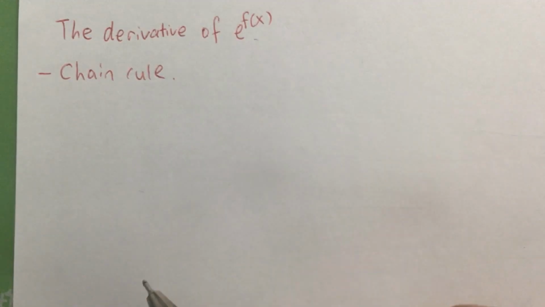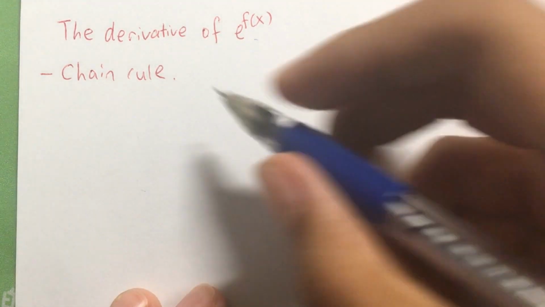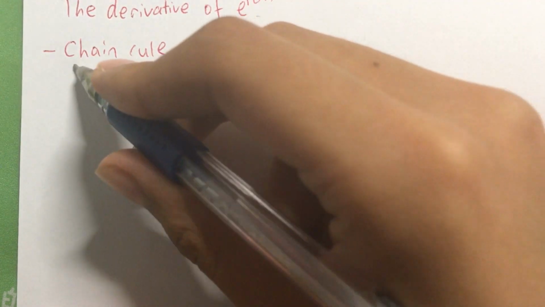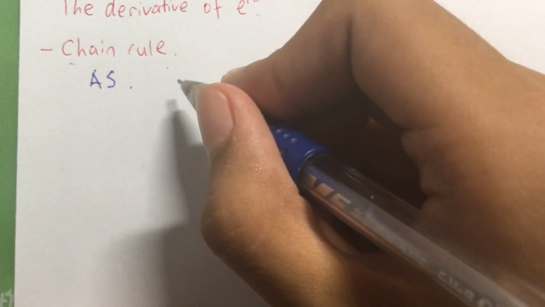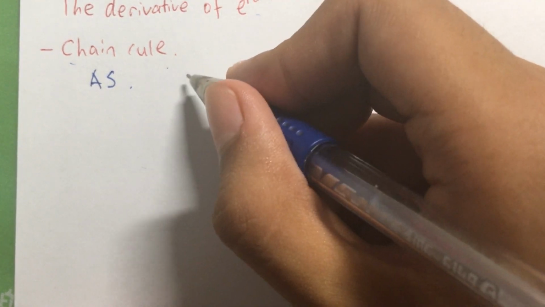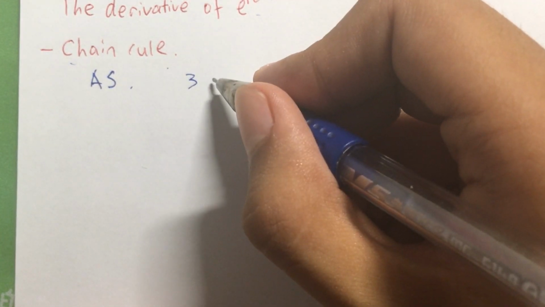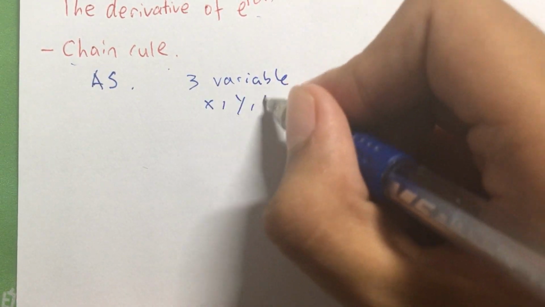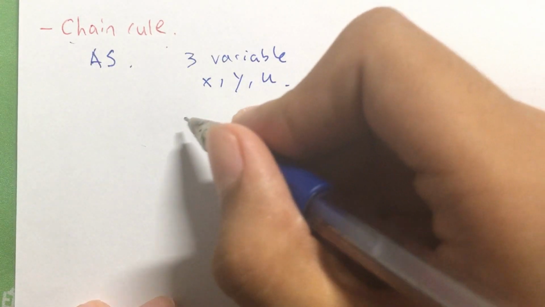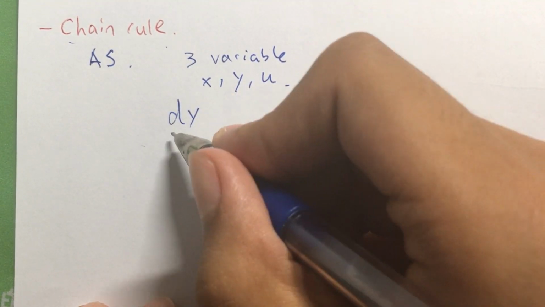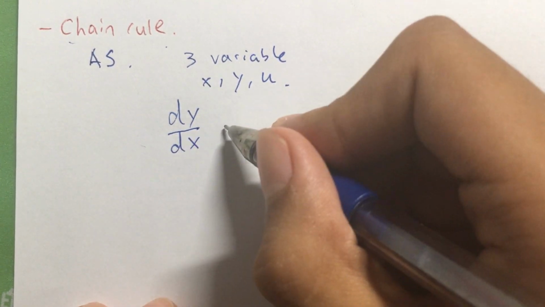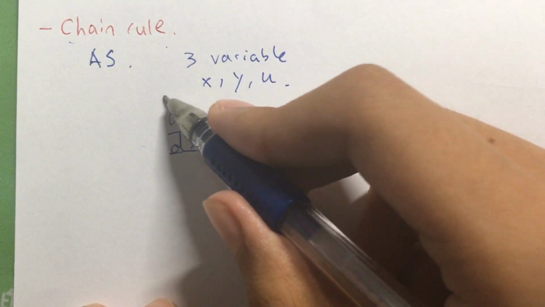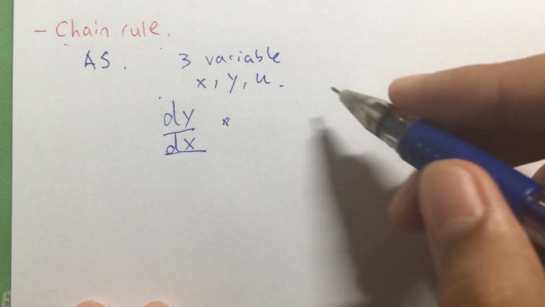So what is the chain rule? We talked a bit in AS last year, but I'm still going to teach you. For example, there are 3 variables, x, y, and u. Our aim is to find dy over dx, which is the normal differentiation. However, we can't solve this straightforwardly. So how do we do this?